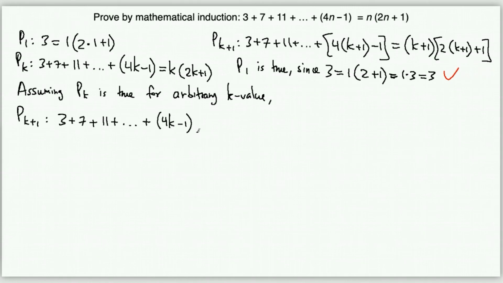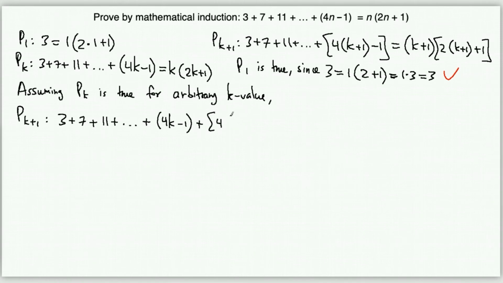We assume that this statement is true, so we can safely add one more term. Adding one more term means that we're adding this term to make it the Pk plus 1 statement, because so far it's the Pk statement. We need one more term, so we're going to add this term to make it Pk plus 1.